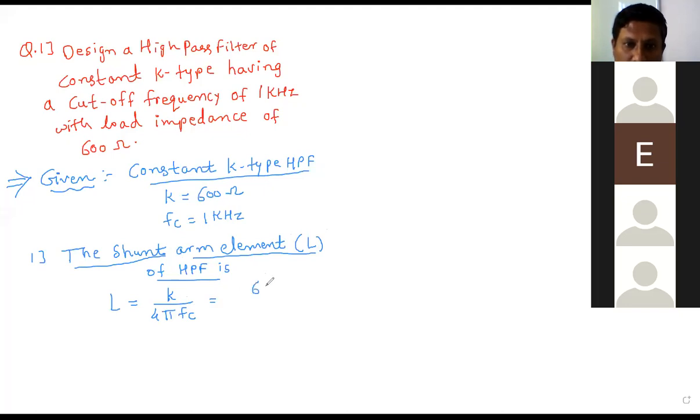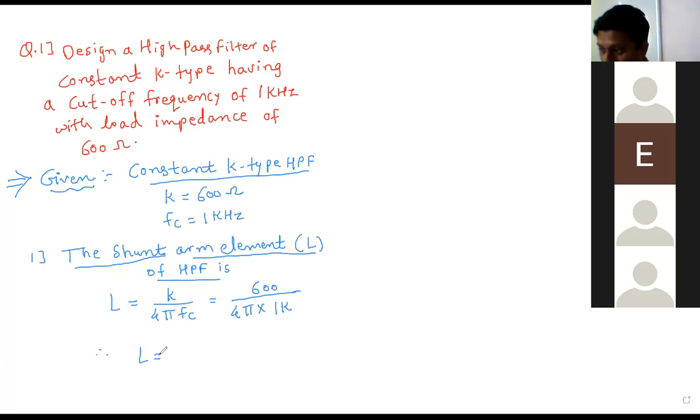So K is 600 divided by 4 pi into 1K. So don't cancel K and 1K like this. Many students are doing this. Okay, they keep FC as 1K and cancel K. So calculate and tell me what is the value of L you are getting here.